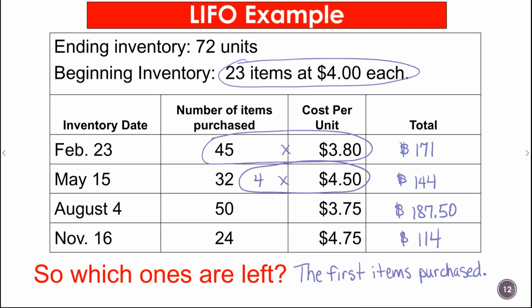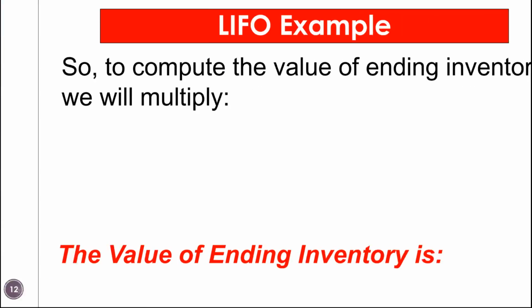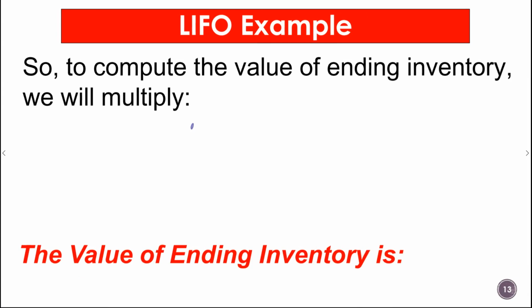On this calculation, I had to go with 3 different prices of hammers. So 23 hammers times $4. Then I had 45 hammers that were $3.80 each. And then just 4 hammers from the category where they were $4.50.